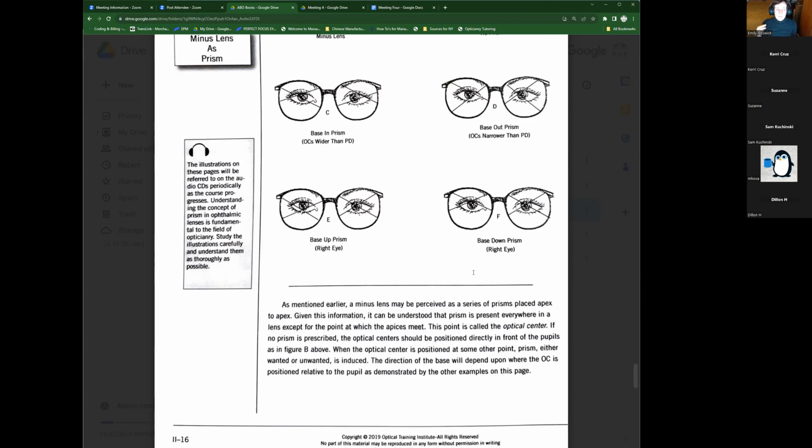Now, if you have a plus prescription, you're going to notice that that line is going to go in the opposite direction. So if you're moving your glasses horizontally, you're going to notice that the line that you're looking at is actually moving in the opposite direction. So that's all that they mean with motion and against motion.